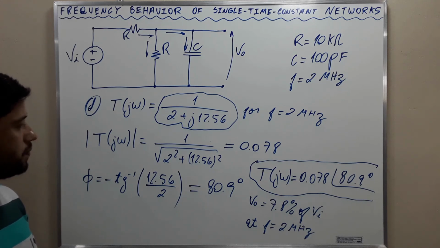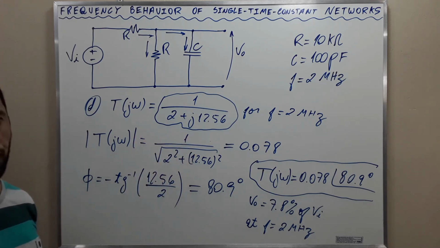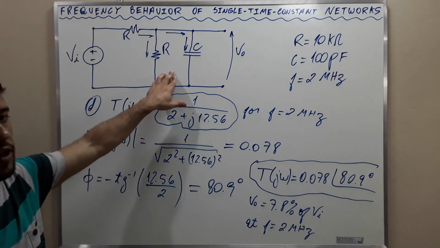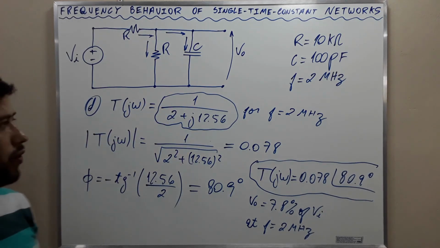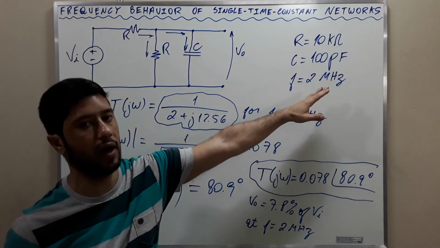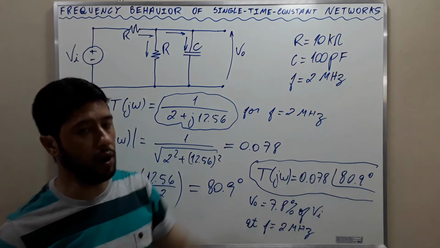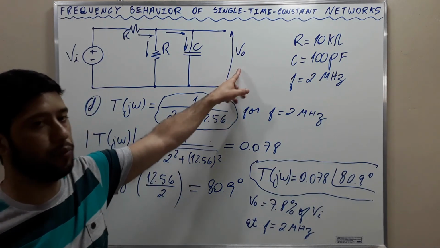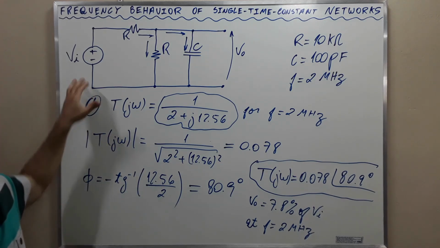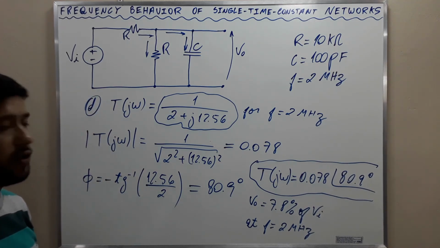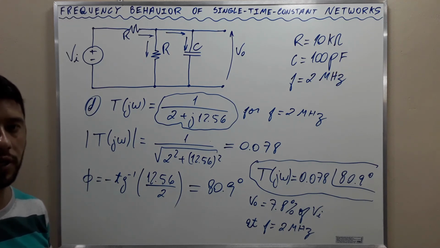Okay, my friends, we have proved that this is a low-pass filter. At DC, the signal is not much attenuated, but as we increase the frequency to megahertz and even more, the output is going to be close to zero, regardless of the input. This is the frequency response of a circuit.